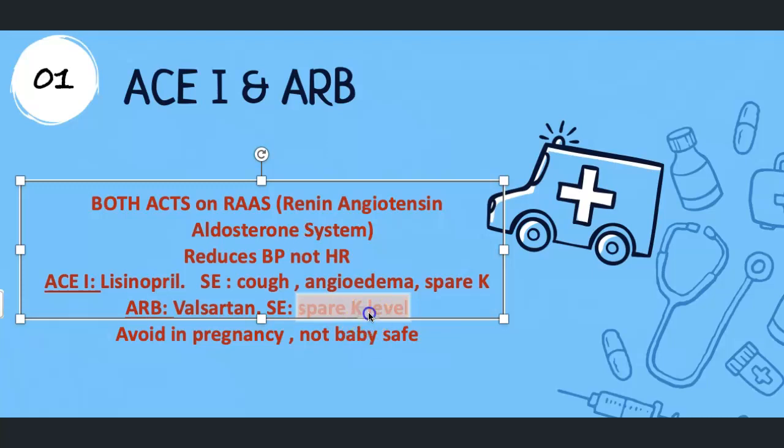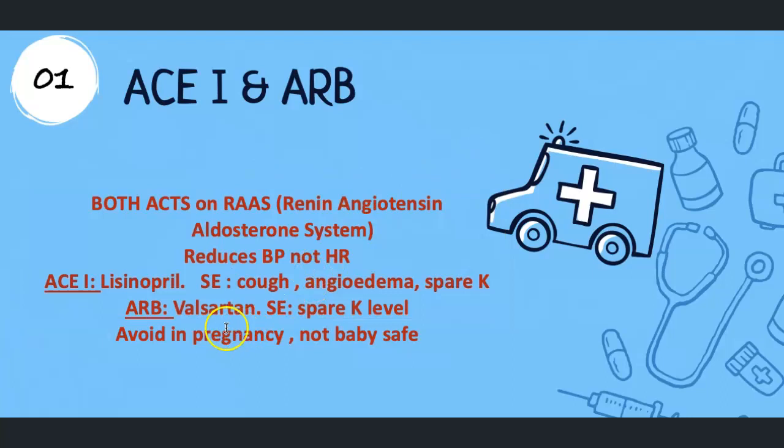This is the main side effect for both these groups. There are specific side effects accompanied with ACE inhibitors, like cough and angioedema. Both medications shouldn't be used in pregnancy, and it is not safe to be used in pediatrics.